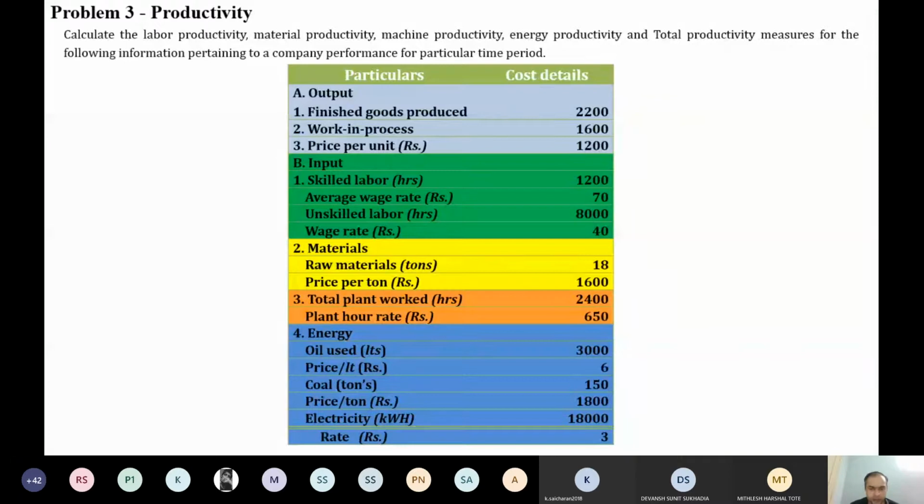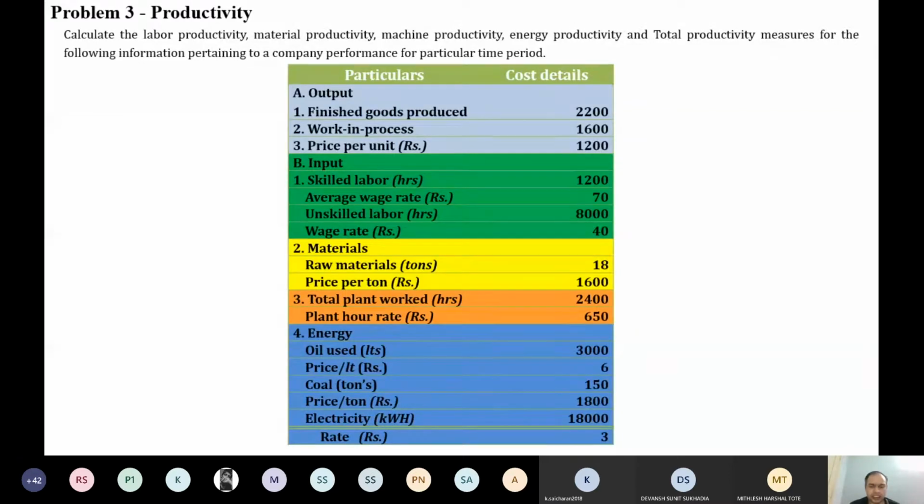Here you're speaking about the machine. The plant has worked for 2400 hours, and it's estimated that per hour they are paying around 650 rupees. So 2400 machine hours, and per hour 650 rupees.